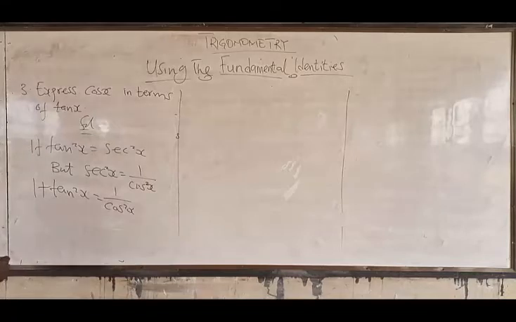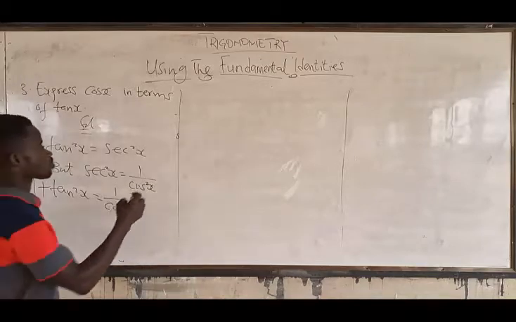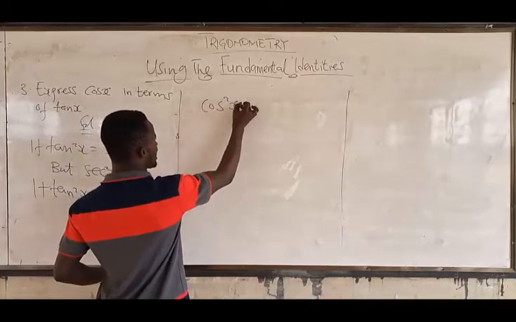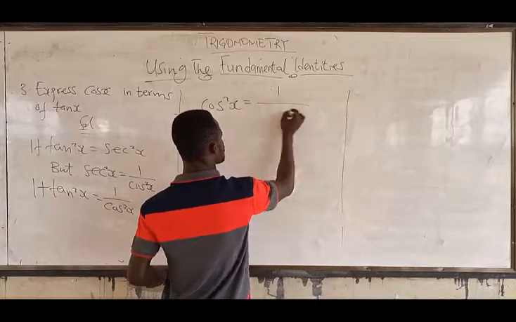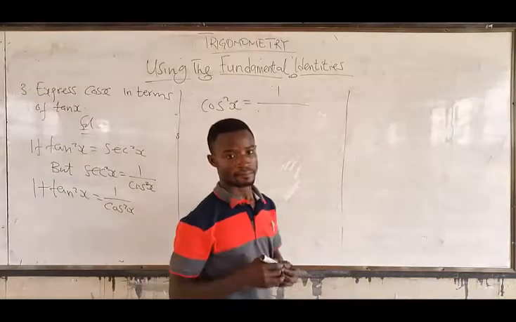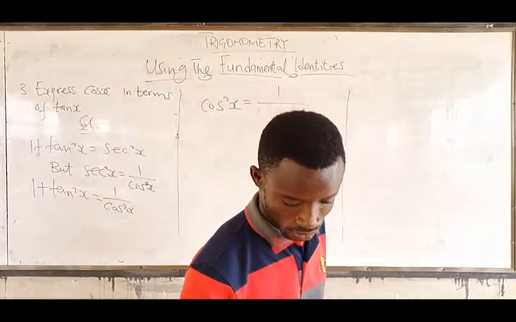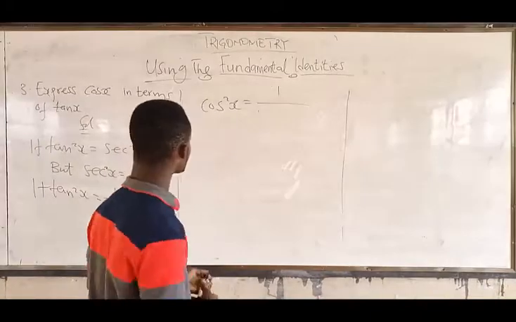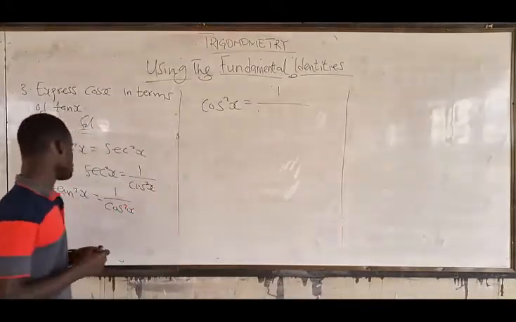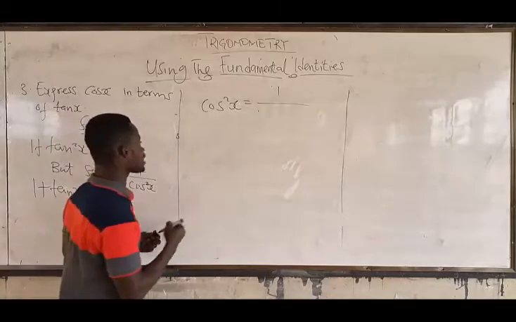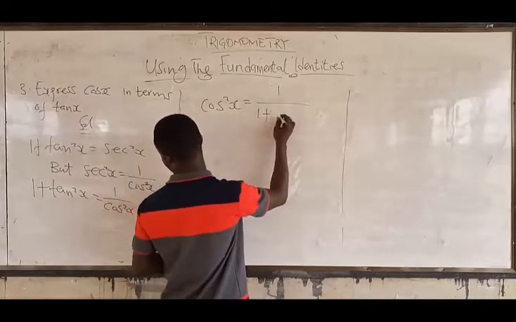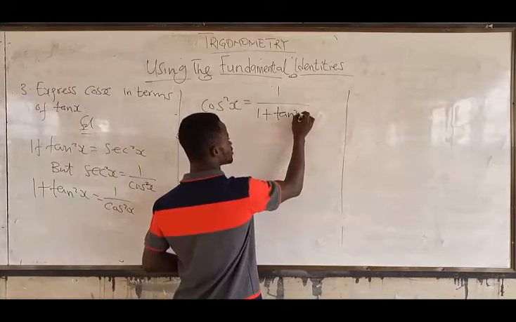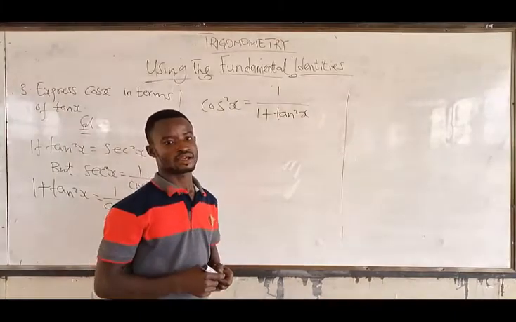This is going to be the same as cos square x is equal to 1 over 1 plus tan square x.